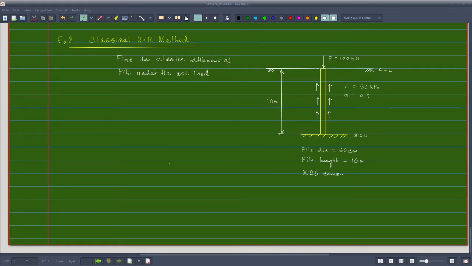We will use the bar problem here, and the problem is this: we have a circular pile of length 10 meter. The diameter of pile is 60 centimeter, and it is surrounded by the soil having a cohesion of 50 kilopascal throughout the soil.